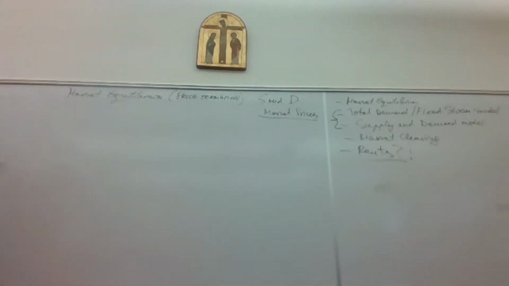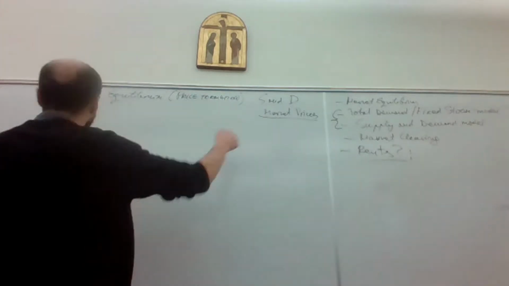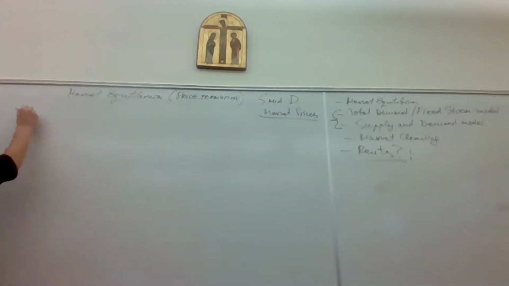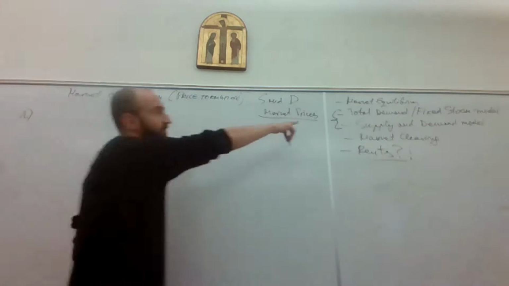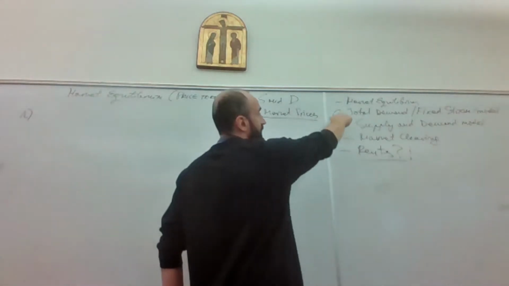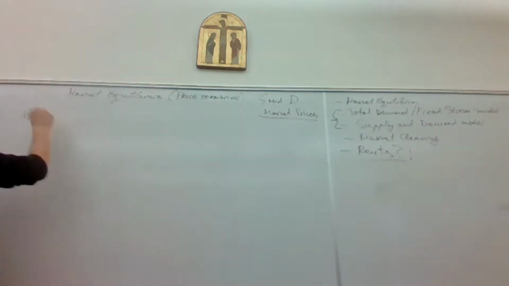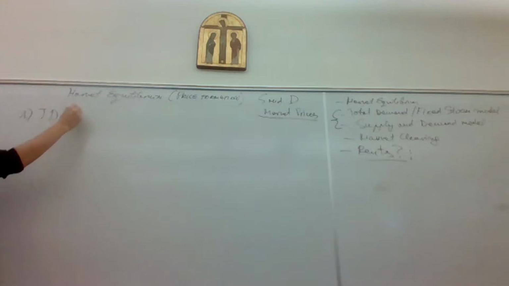So let's start first with the model of total demand, fixed stock. So you will understand the concept of market equilibrium in the context of both of these models. Total demand, fixed stock.